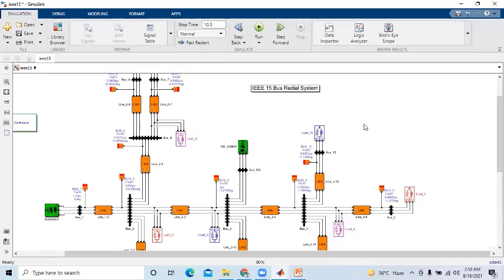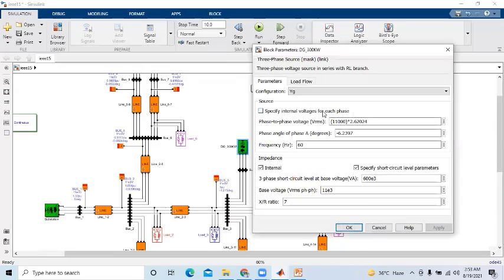In the DC generator system, it is also considered as an 11 kV supply voltage with a phase angle of minus 6.2397 degrees, and the internal impedance and short circuit level parameters have been mentioned over here.